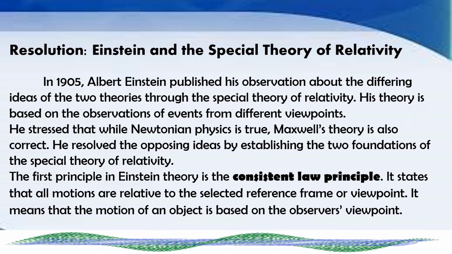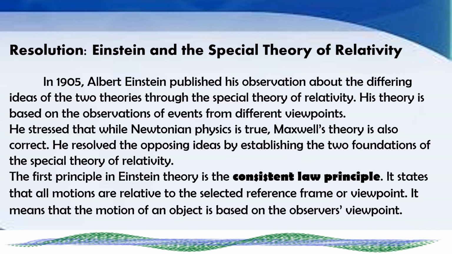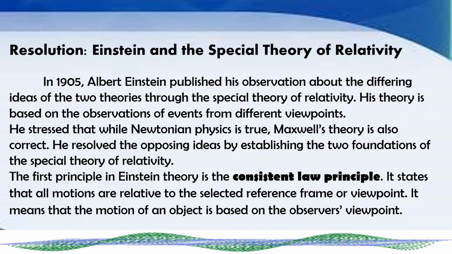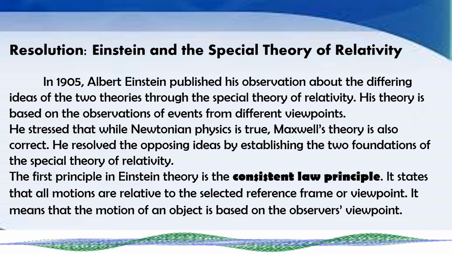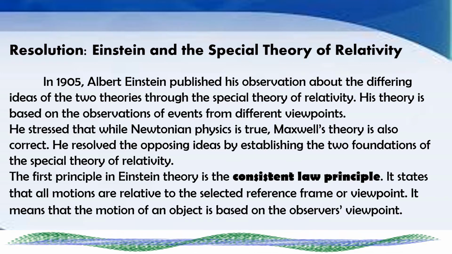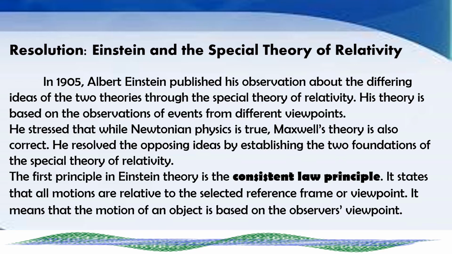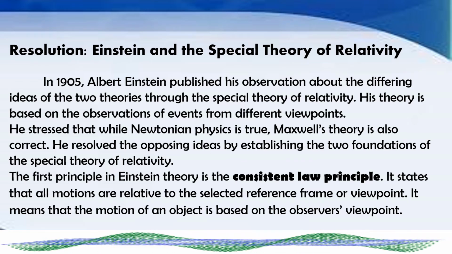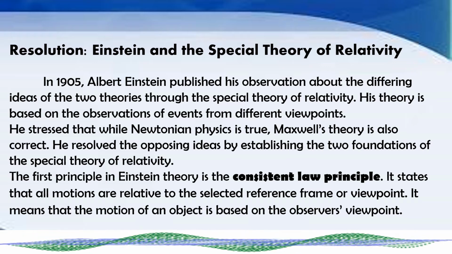Einstein, in the special theory of relativity. In 1905, Albert Einstein published his observation about the differing ideas of the two theories through the special theory of relativity. His theory is based on the observation of events from different viewpoints.